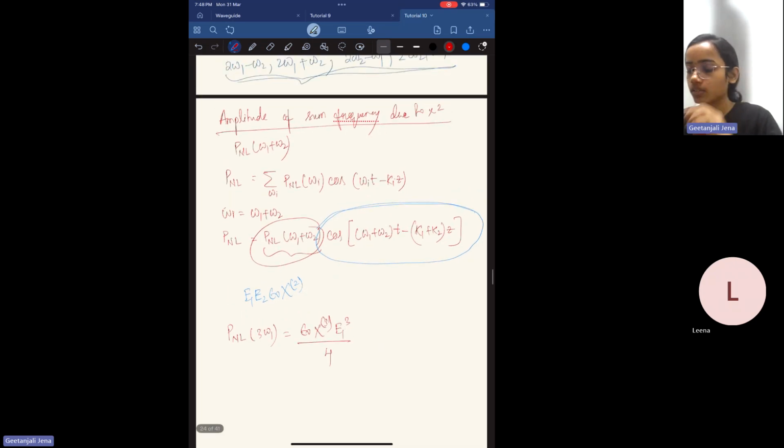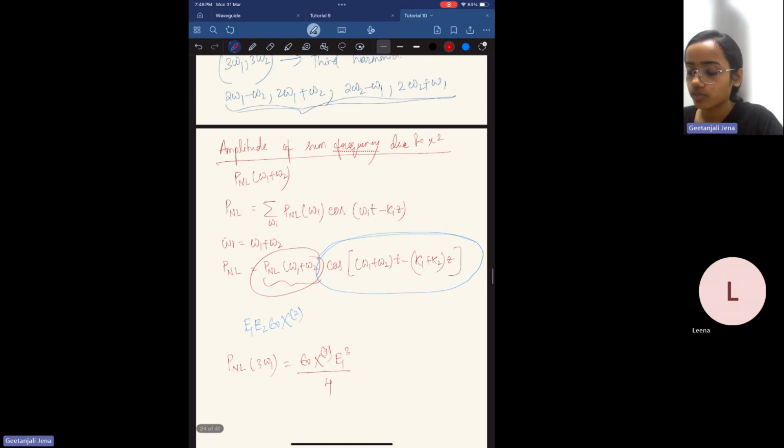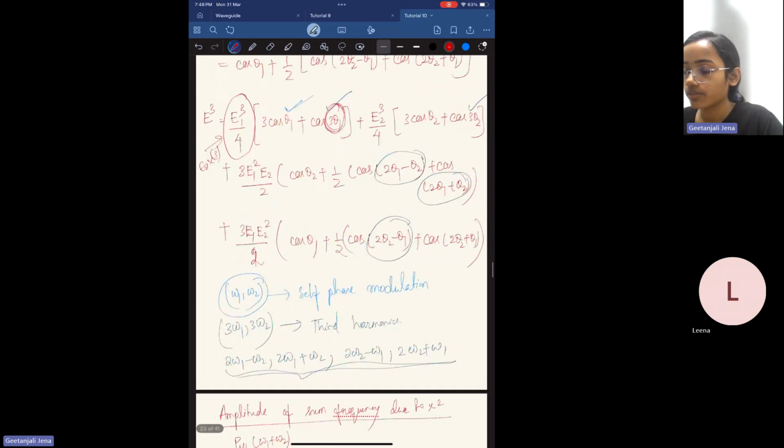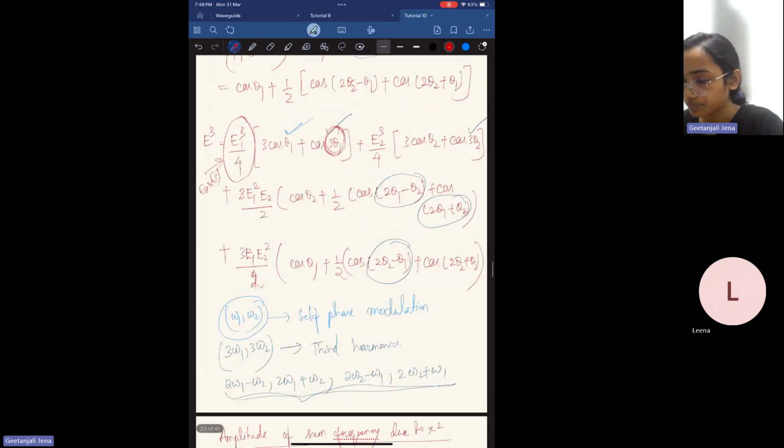So if you know the total expansion, then you can calculate the individual component for some frequency, third harmonics, second harmonics, or self-phase modulation. First we need to calculate the expression, then you can proceed further.